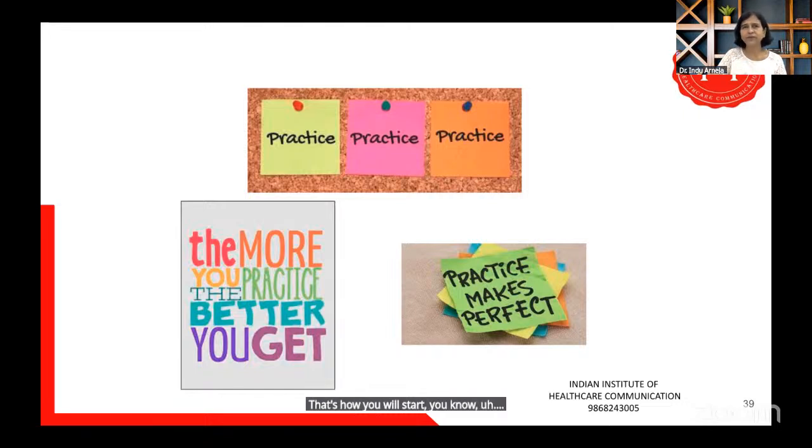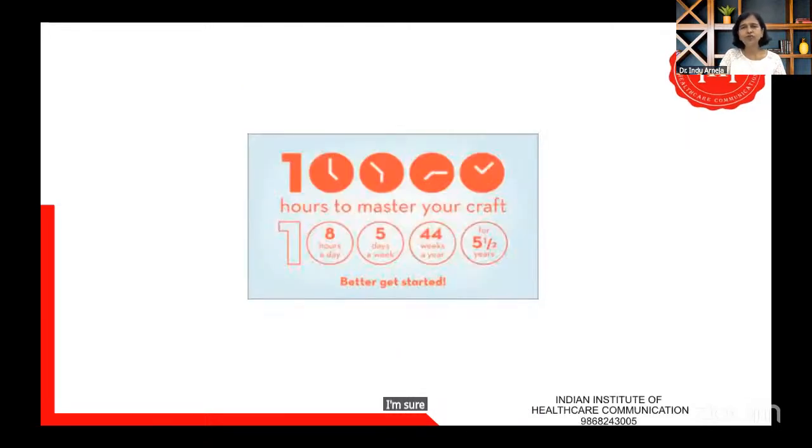practicing this. I'm sure you must have heard of the concept of 10,000 hours. Have you heard of this? 10,000 hours of practice. So there's a book by Nana Palkiwala.